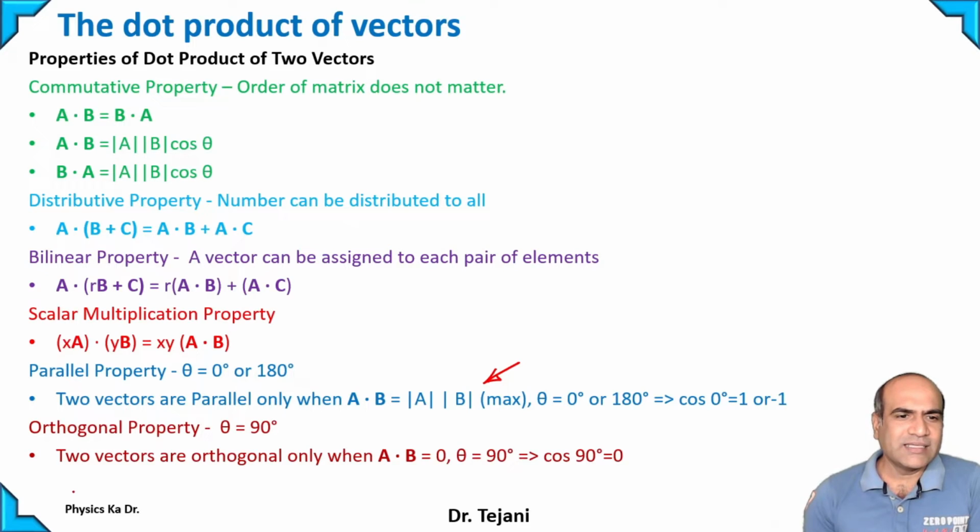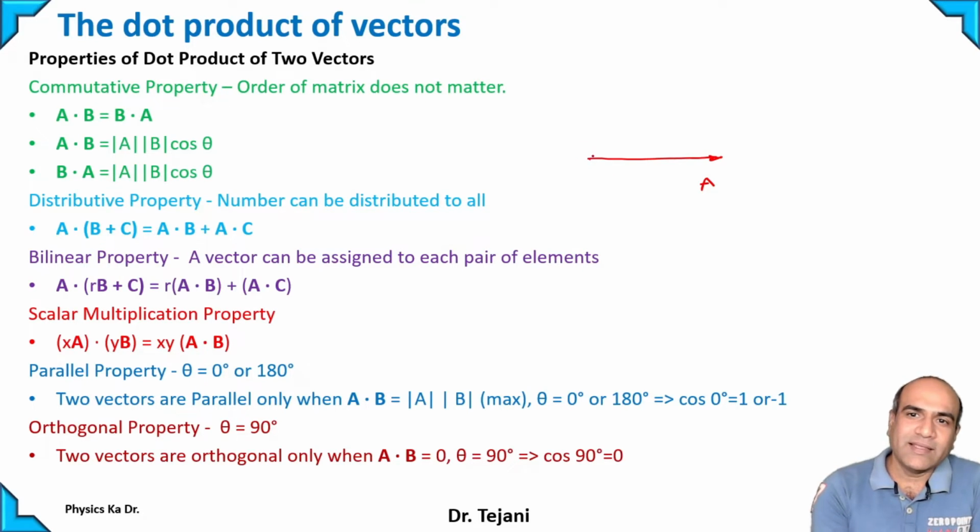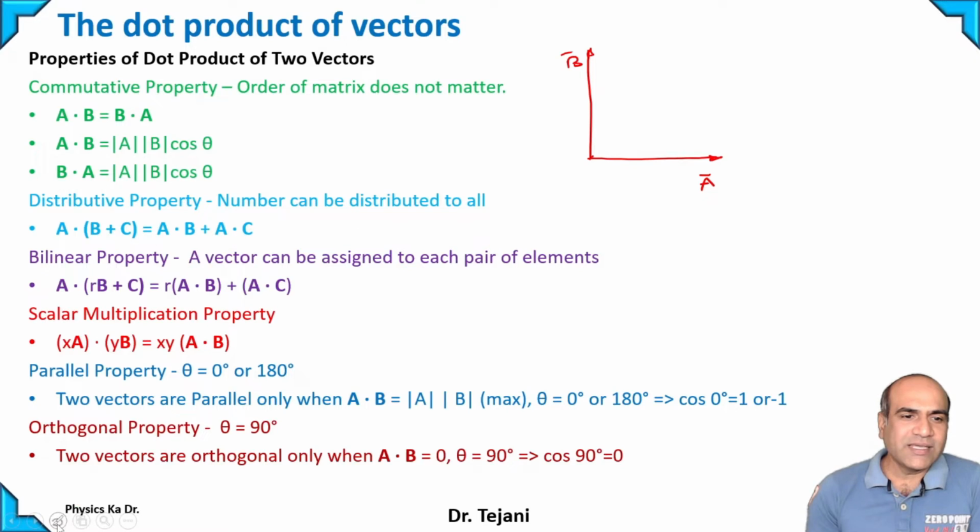The next is orthogonal. Yeah, this might be a new word for you. Orthogonal, that means perpendicular. Simple meaning is that orthogonality means perpendicularity. Suppose this is vector A, and this is vector B. Now in this case, what is the angle?